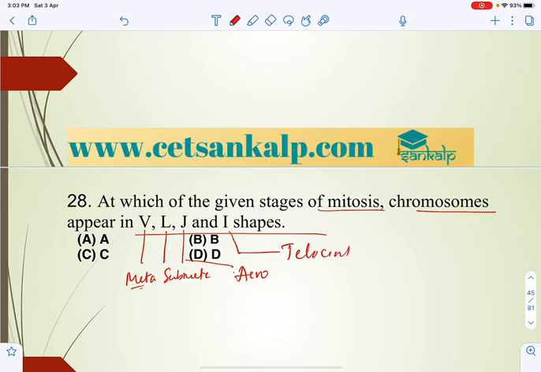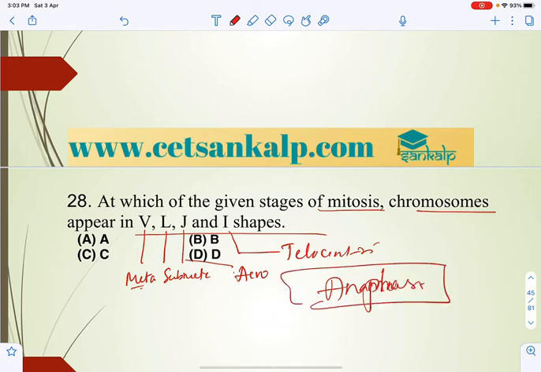This is exactly during anaphase, where the chromosomes divide and the single chromatid starts moving towards the opposite pole.